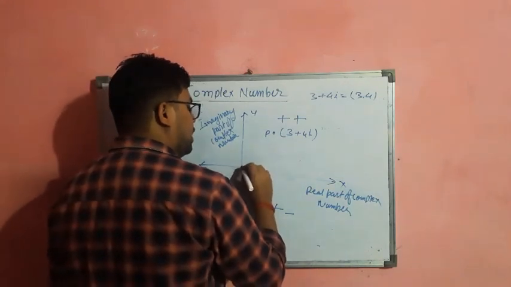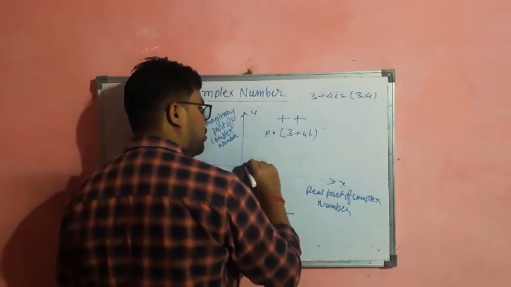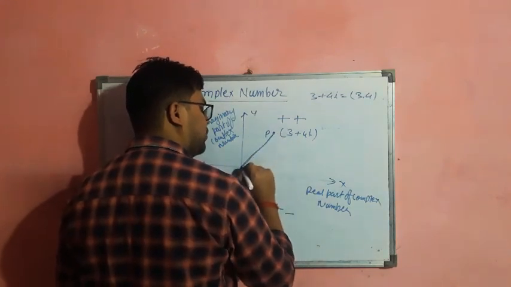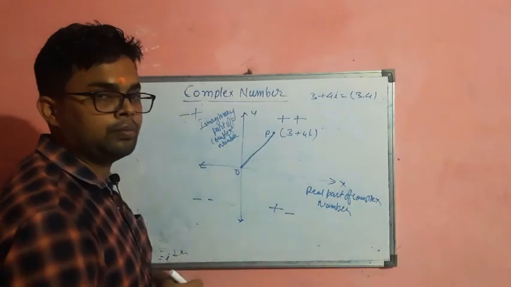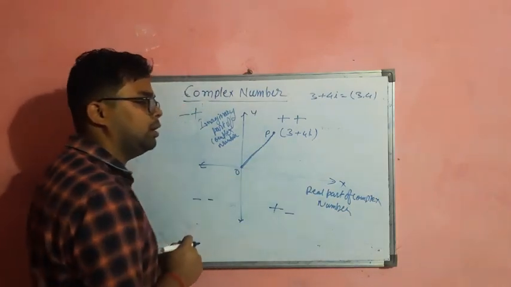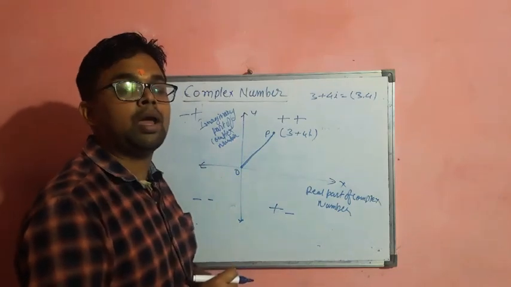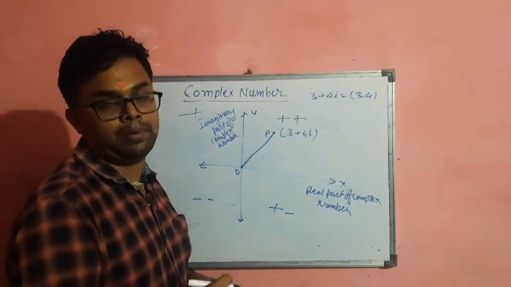Now if I want to find the distance of this complex number from the origin, OP will be the distance of this complex number from the origin. The distance from the origin of any complex number in the complex plane is known as the modulus of the complex number.